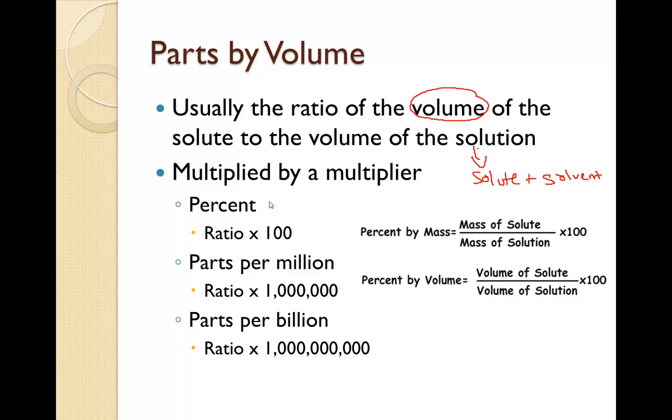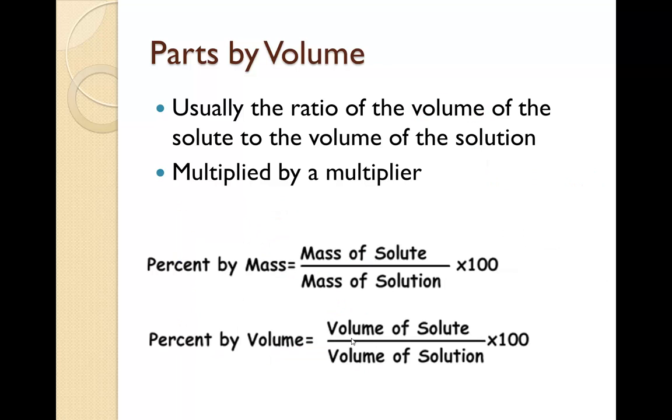The percent is multiplied by 100. If it's parts per million, it's ppm multiplied by 1,000,000. If it's parts per billion, ppb, it's multiplied by 1,000,000,000. Usually the ratio of the volume of the solute to the volume of the solution is the parts by volume.